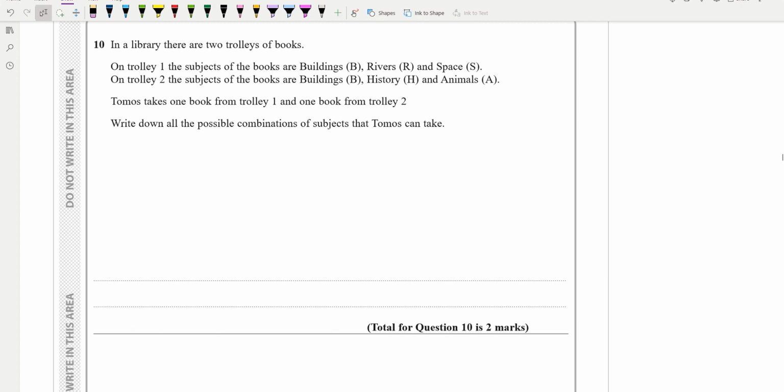Now question number 10, which is a combination question. In our library there are 2 trolleys of books. Trolley 1 contains books on the subjects of building, rivers, and space, so we can write building, river, and space. Trolley 2 has books on building, history, and animals, so we can write T2 as building, history, and animals.